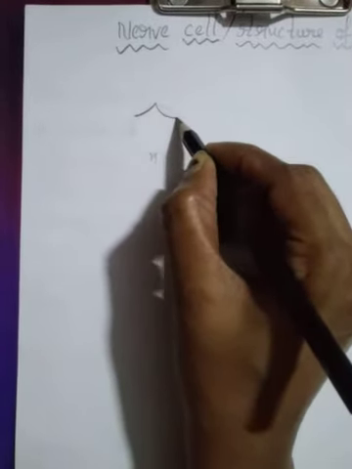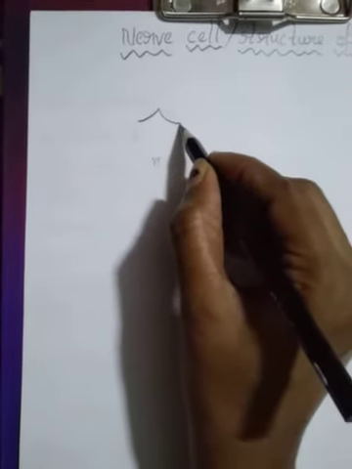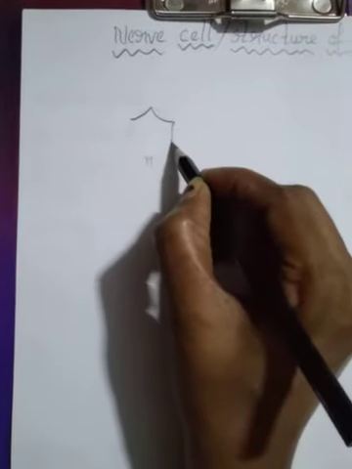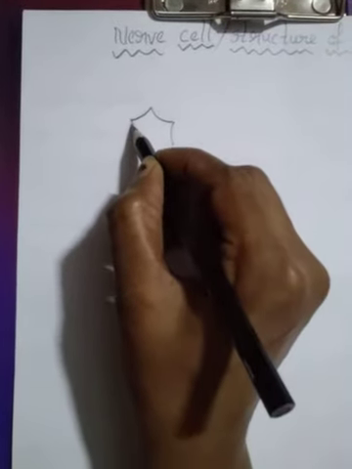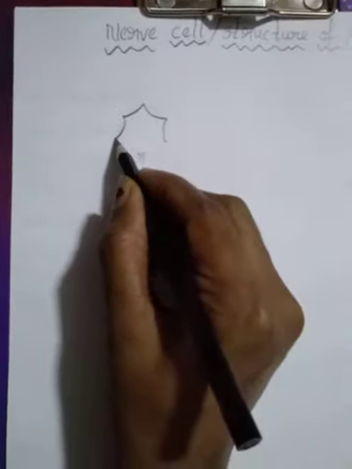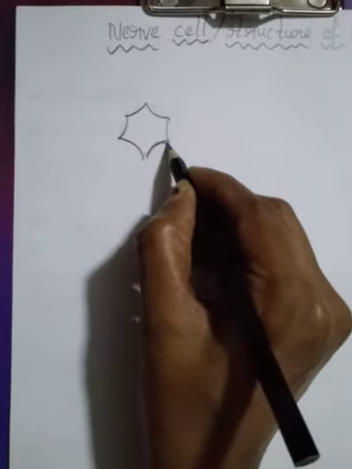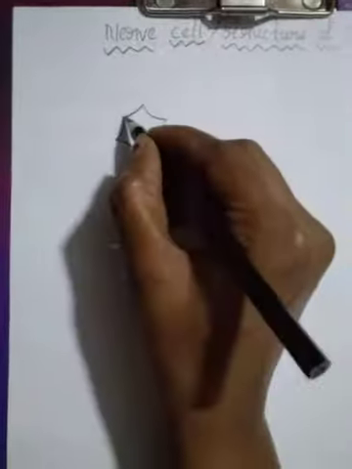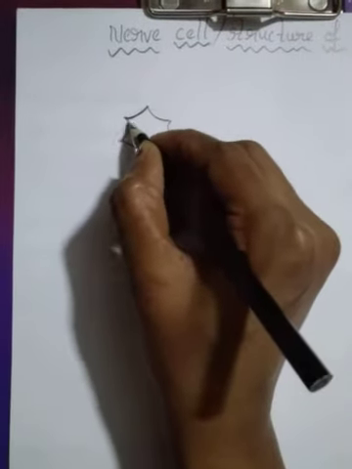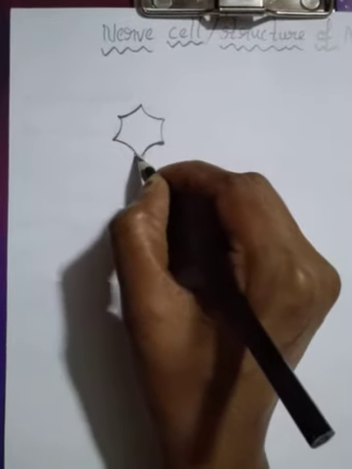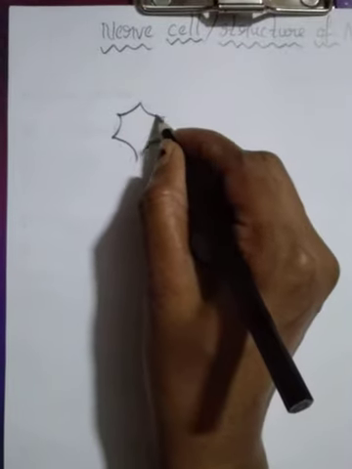Draw a curved line, then again another curved line, then one more, then here one more, and join this one. If you plan properly, you will get a nice structure of this one.